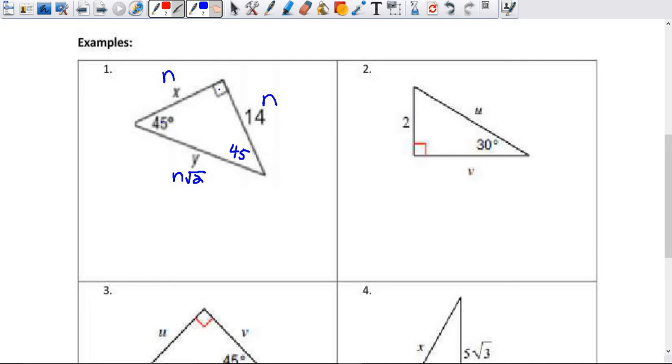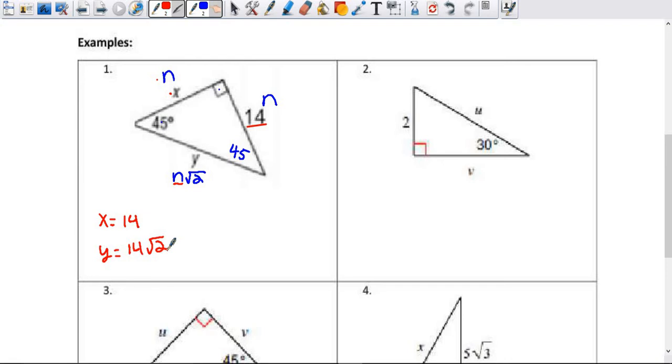So we know that n equals 14. Since x and n are the same thing, x also equals 14. And to figure out what y is, we take n, plug it in there, so 14 square root of 2. And that's your answer. These might be decimals sometimes, so make sure you are prepared to put that in a calculator if need be. All right?